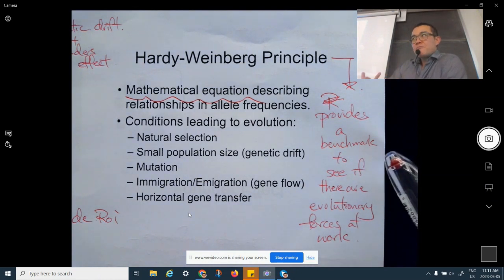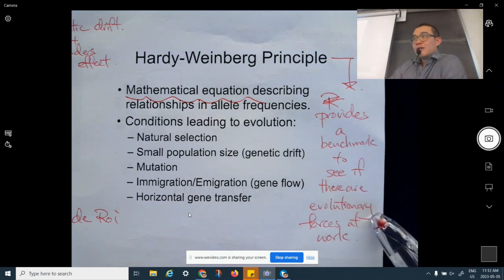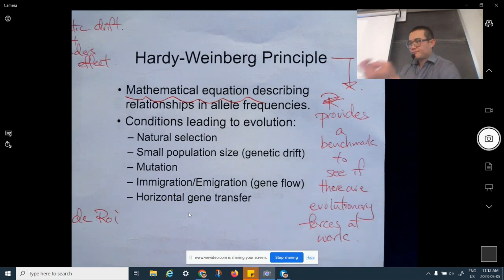It provides a certain benchmark so you can see like, hey, is there some kind of evolutionary forces at work? Were certain traits actively being selected against or being selected for? So it's a number so you can compare things with.